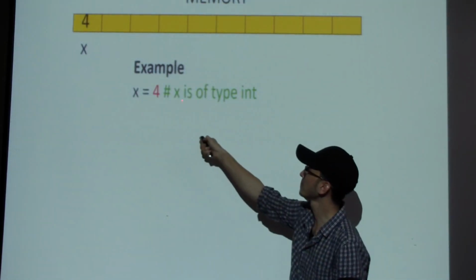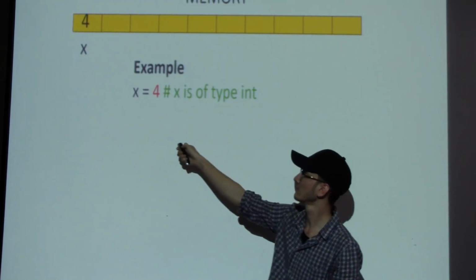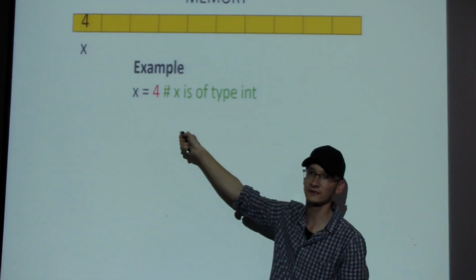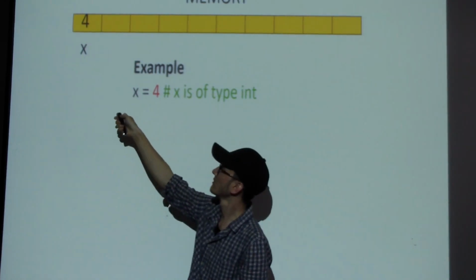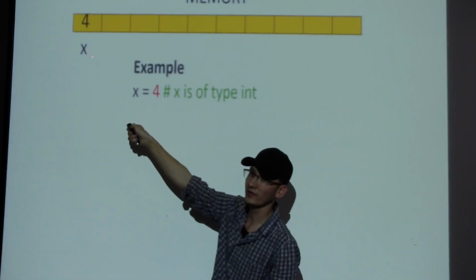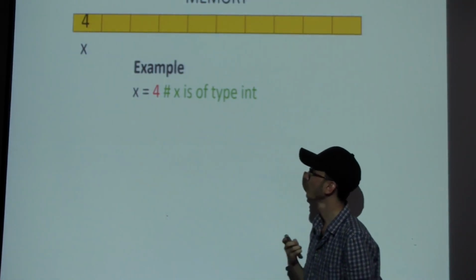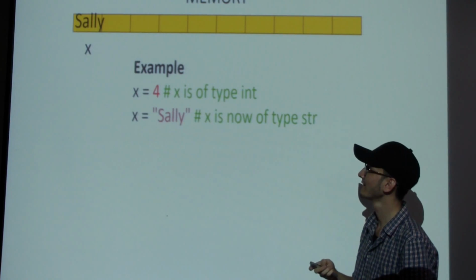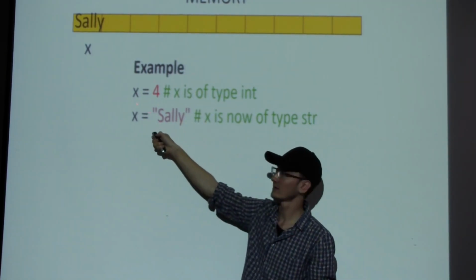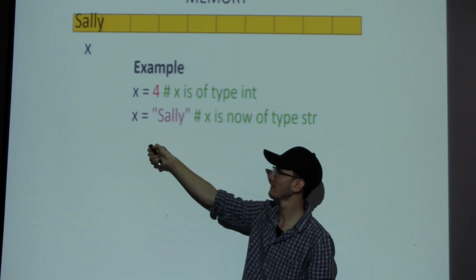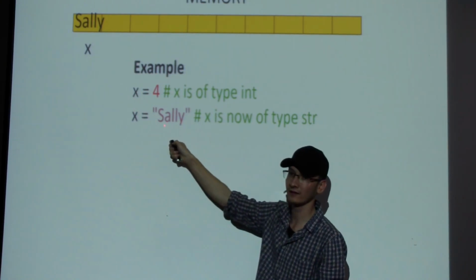Now, x is of type integer. Why? Because 4 is an integer number. This is variable, this is in the memory, and its value is 4. Now we wrote under this the same variable x, and this equals to Sally.